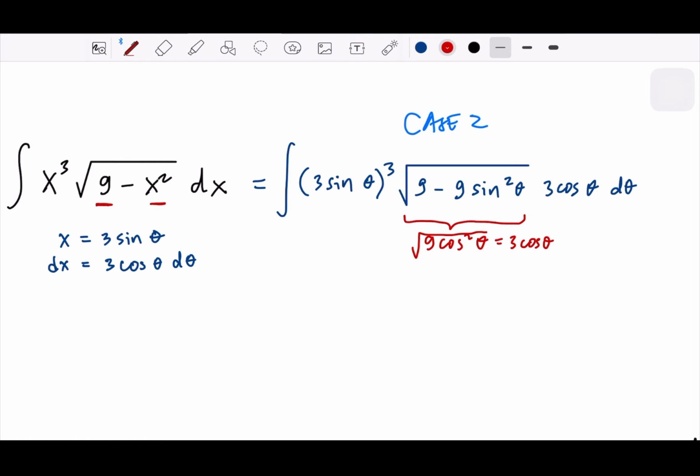Now we can continue, so we take the integration. We write 3 sine theta cubed, and this is going to be 9 cosine squared theta d theta.